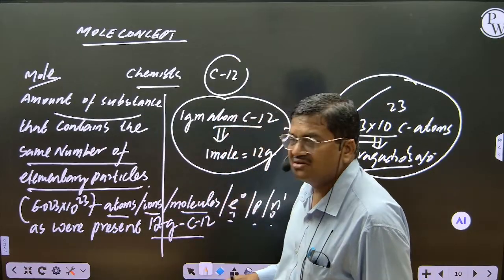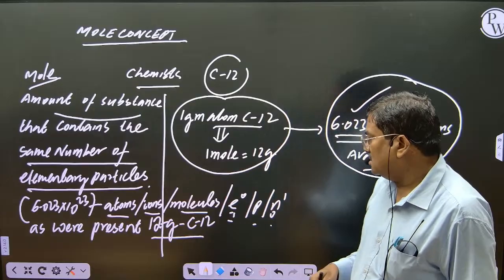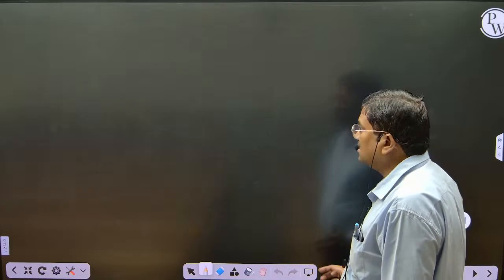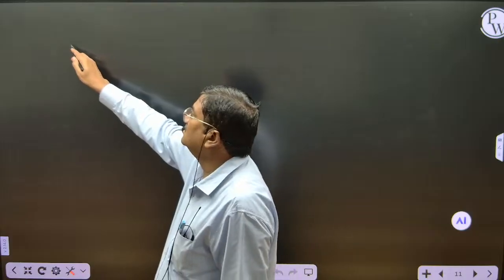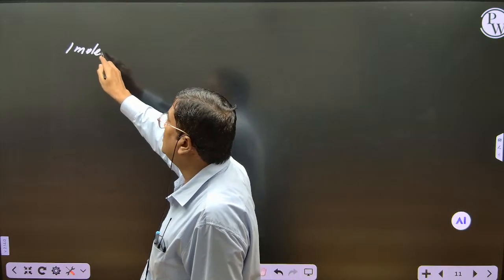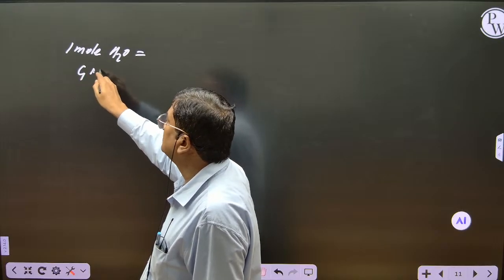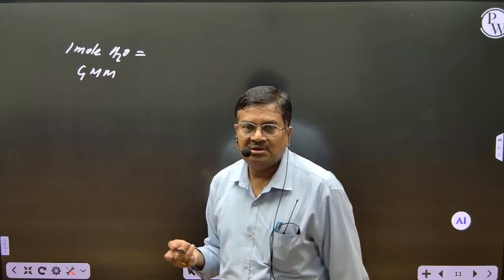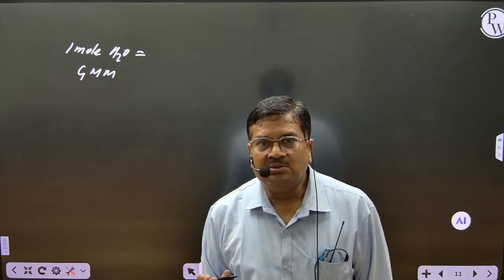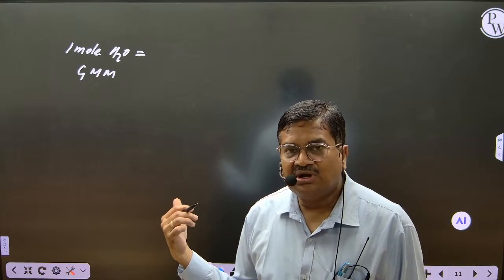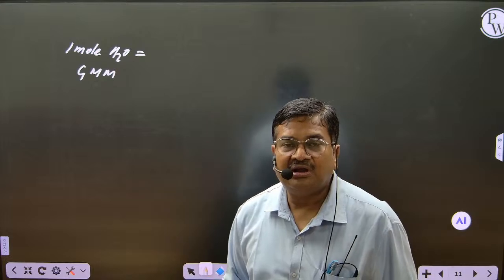12 grams of C12. Now students, I am taking 1 mole of water. 1 mole water means, can I say gram molecular mass? 1 gram molecular mass is equal to 1 mole, we discussed, no? So what will be the mass of 1 mole of water?